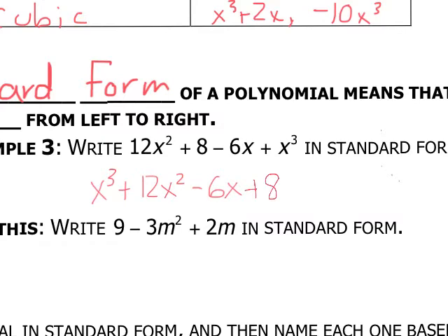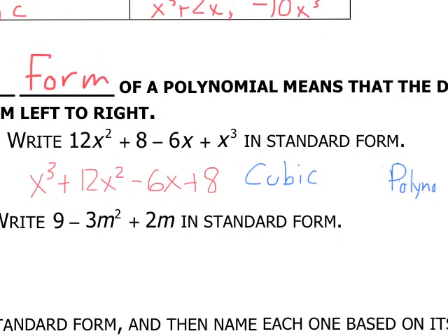And then if I wanted to name this, I would say, okay, there is a highest exponent of 3, which makes it a cubic. And there are 1, 2, 3, 4 terms, which makes it a polynomial. Running out of room.